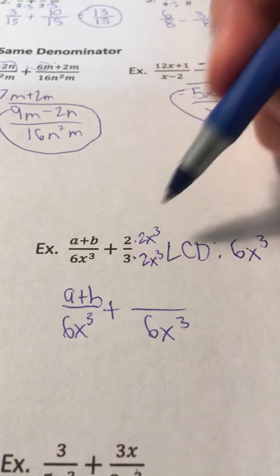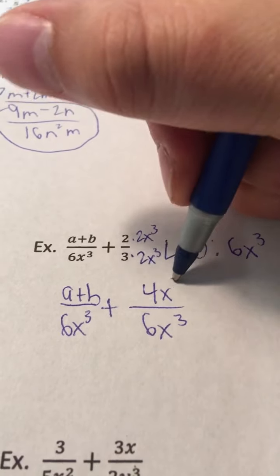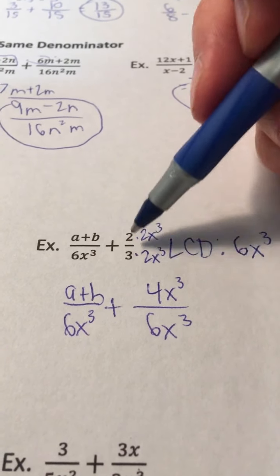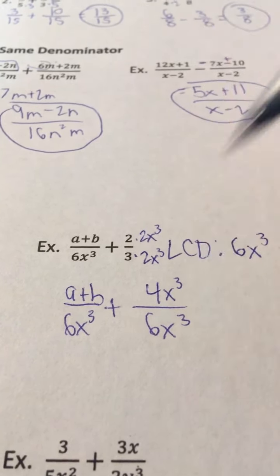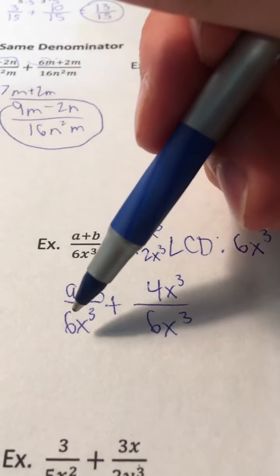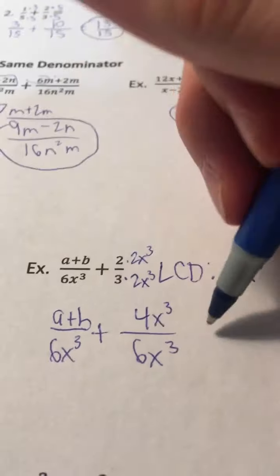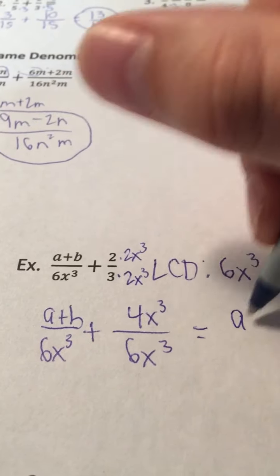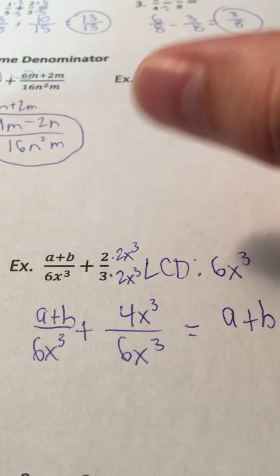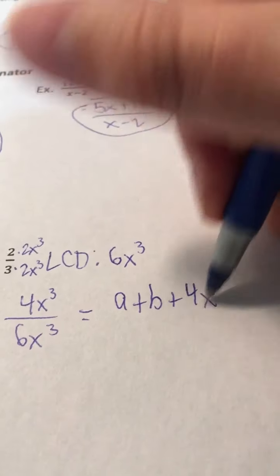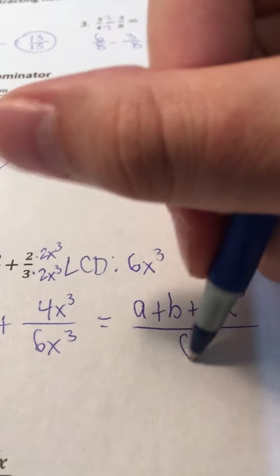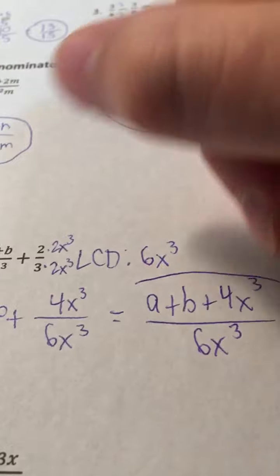So 2 times 2x to the third is going to become 4x to the third. Again, you're multiplying whatever is missing from that fraction to get to that LCD. Now I have my common denominator. There are no like terms on top, so just put it all together: a plus b plus 4x to the third, all over 6x to the third. That is my answer.